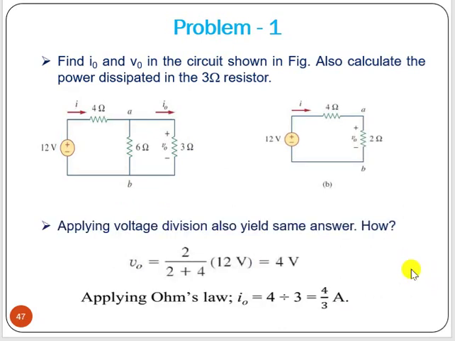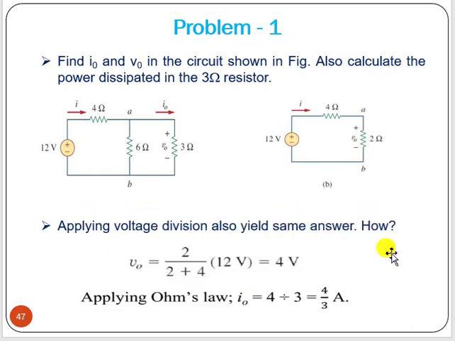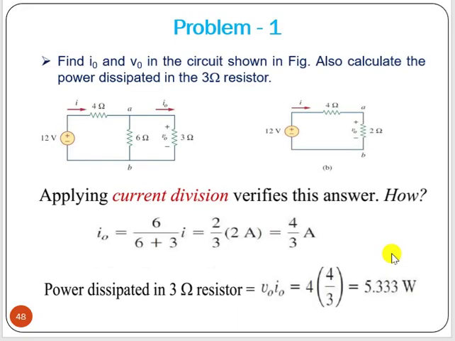So we can apply Kirchhoff's voltage law across the loop, KCL at any node, then voltage divider rule, current divider rule, and Ohm's law to solve simple types of linear bilateral circuits. Okay.